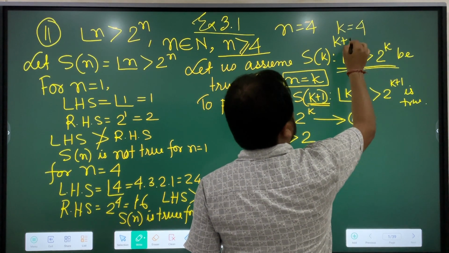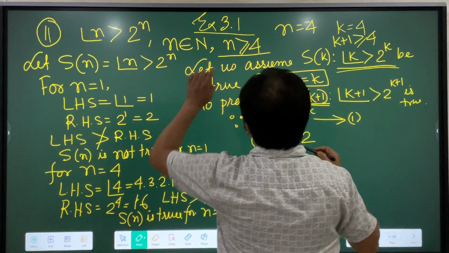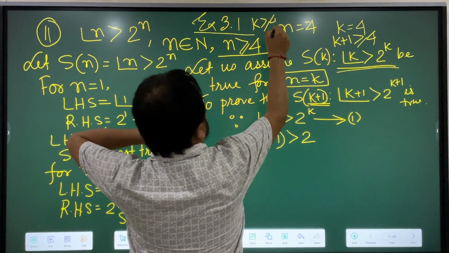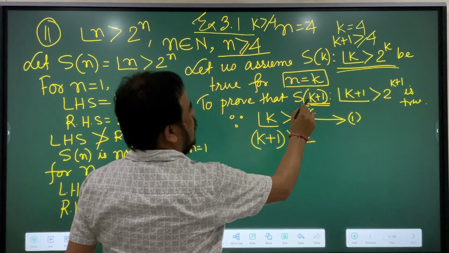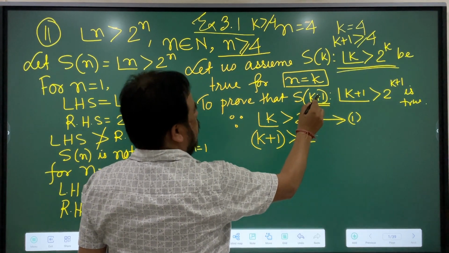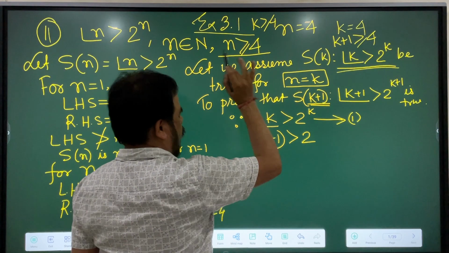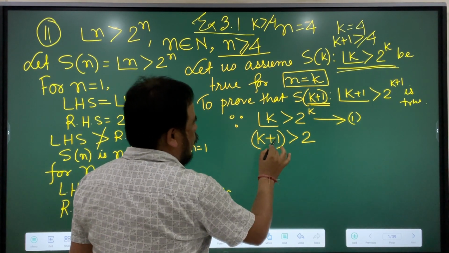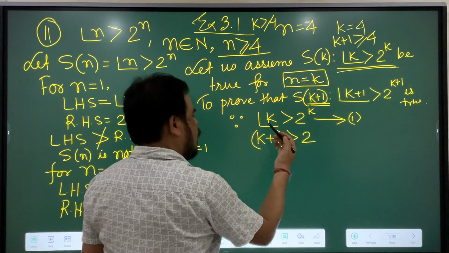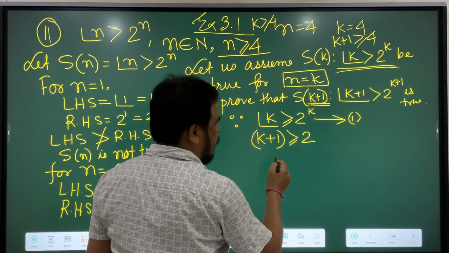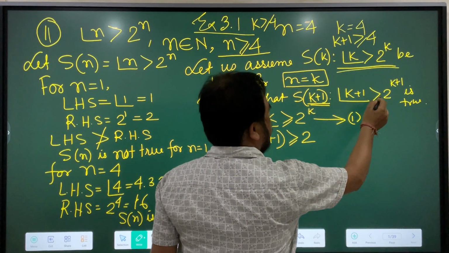So k plus 1 is greater than or equal to 4. If in place of n we put k plus 1, then k plus 1 is greater than or equal to 4. You can write greater than or equal, no problem.